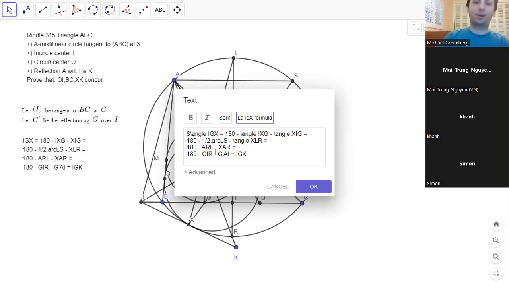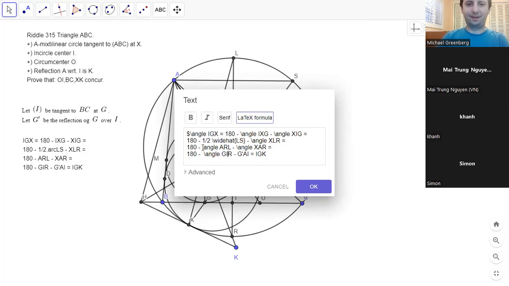Yeah, we're doing problems from that server. Yeah. Oh, it's great.